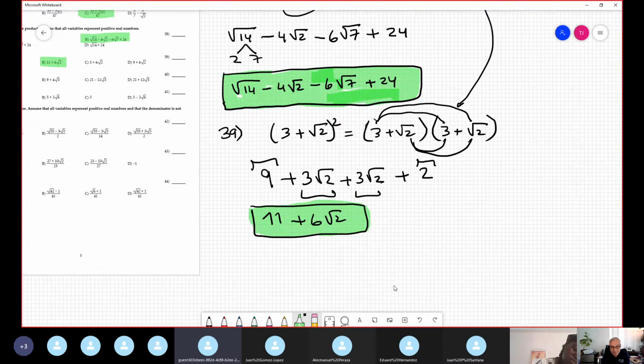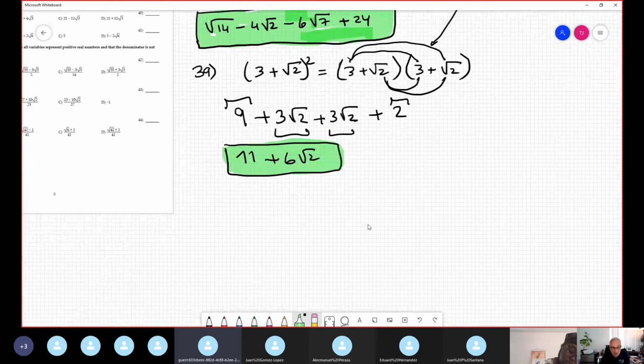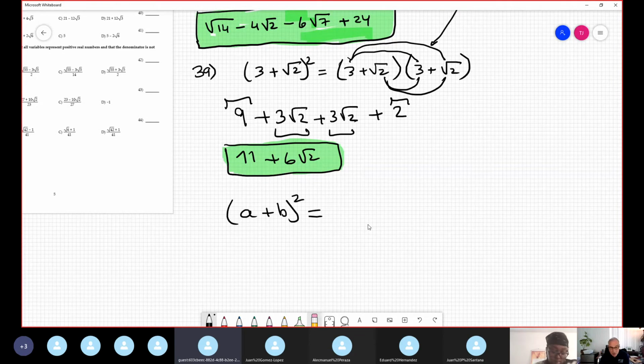Another possibility. Okay, I know that the students don't lie. But some students lie. This formula, (a plus b) squared, remember, is a squared plus twice ab plus b squared. In our example, we have (3 plus radical 2) squared.